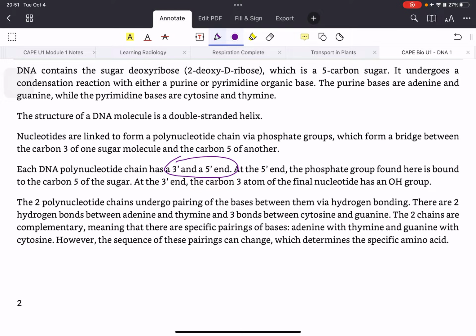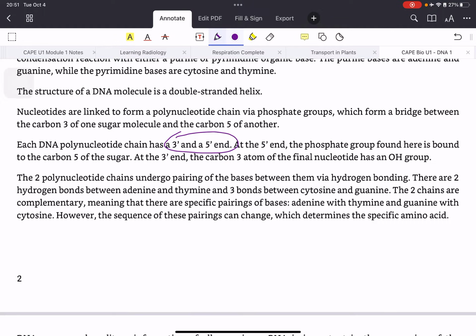That's why we name it the 5' end, because the phosphate group is bonded to carbon 5 of the sugar. And at the 3' end, the third carbon of the sugar is bound to the phosphate group. And then we have two chains coming side by side to one another, and they will be bonded to each other via the bases, which I will show you in the next page.